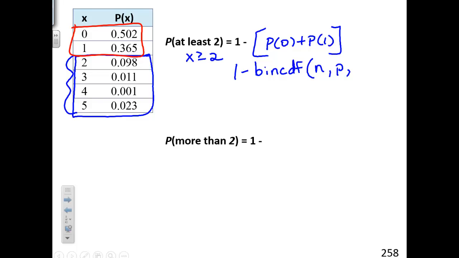We wouldn't use 2 because then the calculator would include 2 in what it was adding. We would need to use a 1 because we only wanted to add 0 and 1.